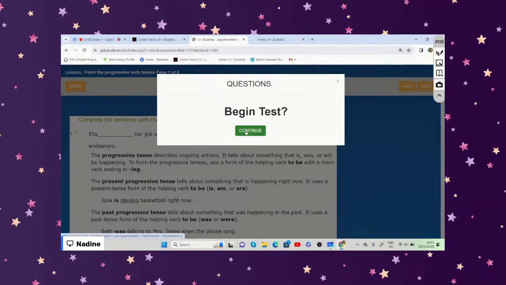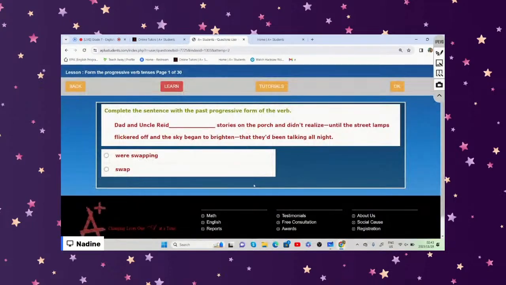Let's go to our test. We need to complete the sentence with the past progressive form of the verb.